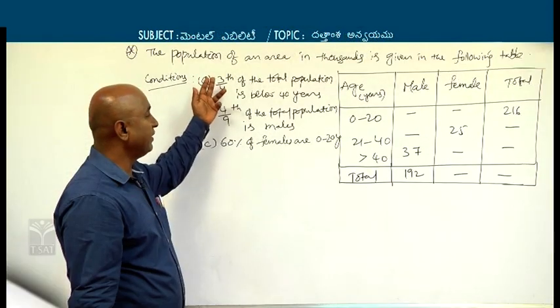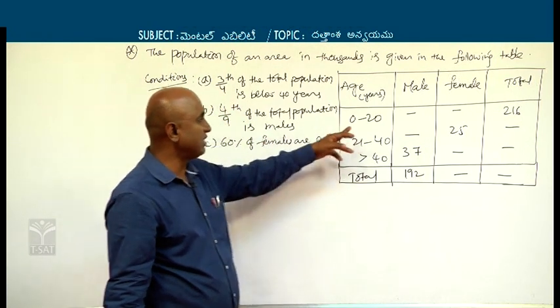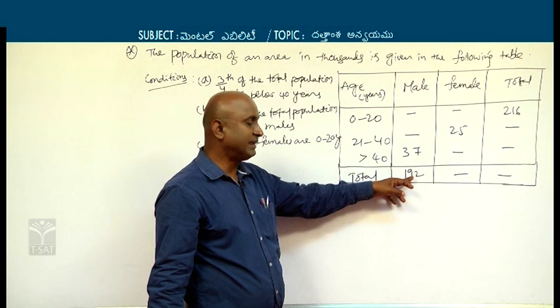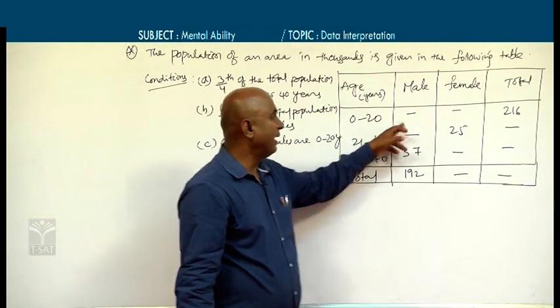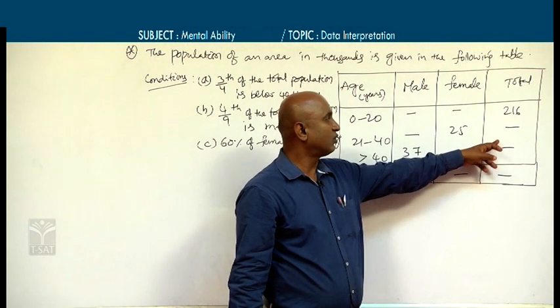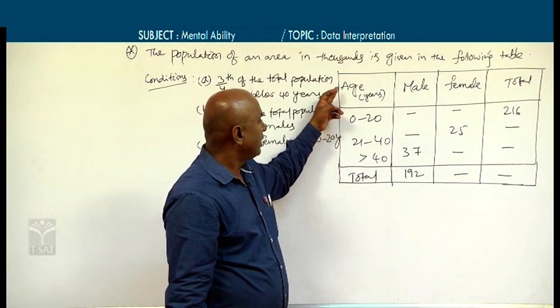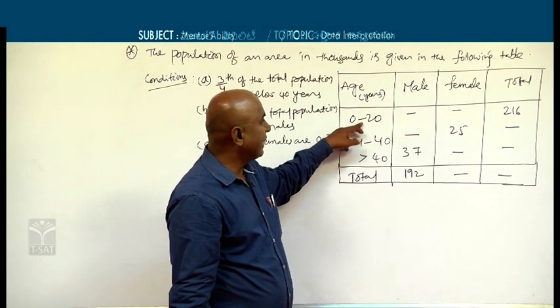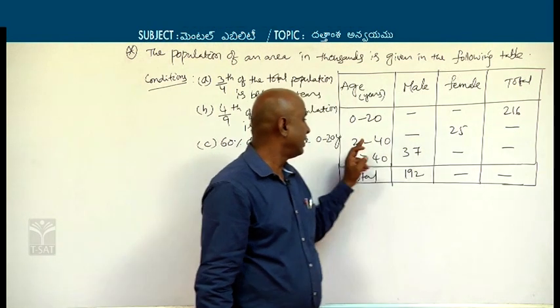The population of an area in thousands is given in the following table. The entire population is not given; the age groups, male and female, are given, and the total population is also one of the columns. For 0 to 20 years, the total population is 216,000.